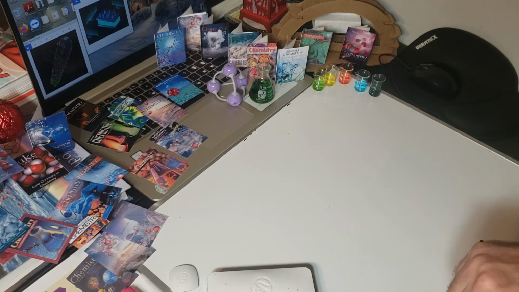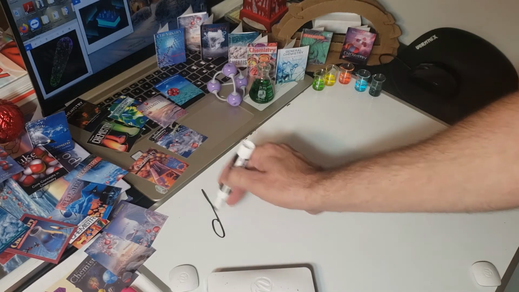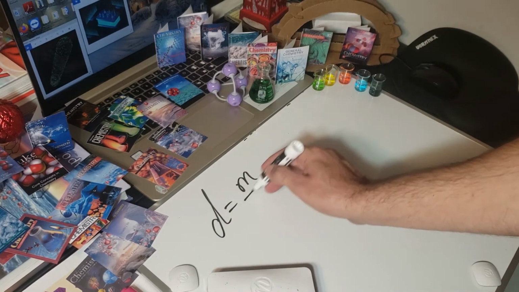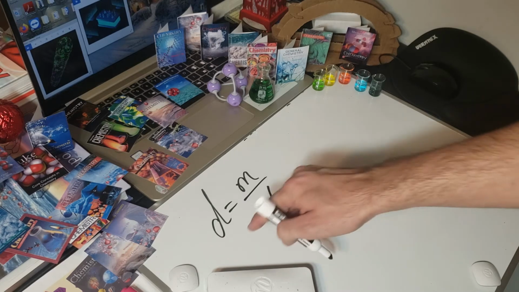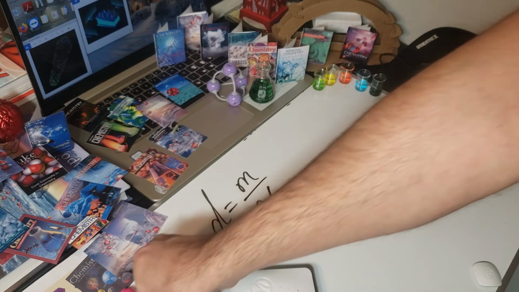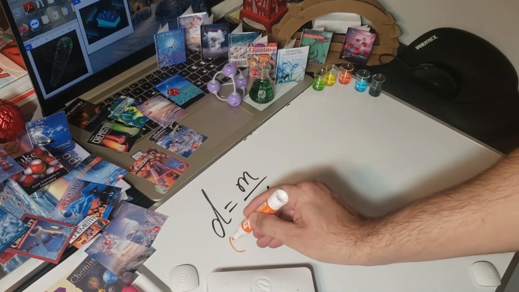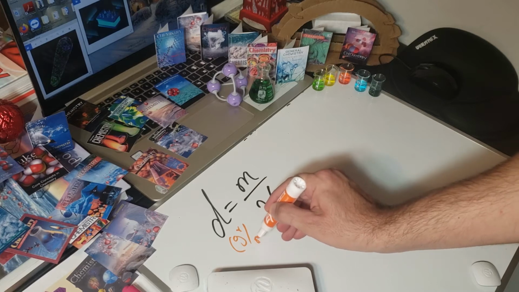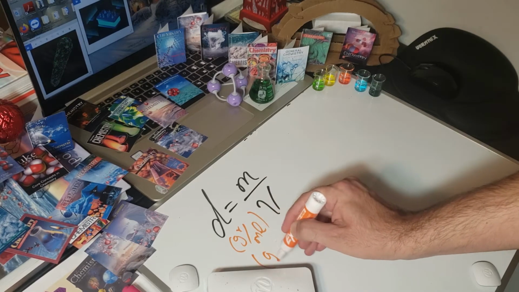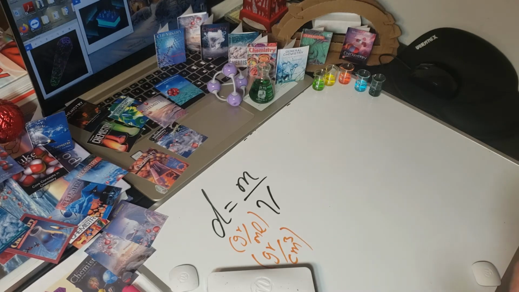Let's move on to density. Density is d equal m over v. D here is my density, in gram per milliliter, or in gram per cubic centimeters.